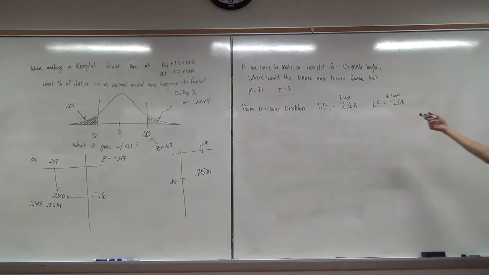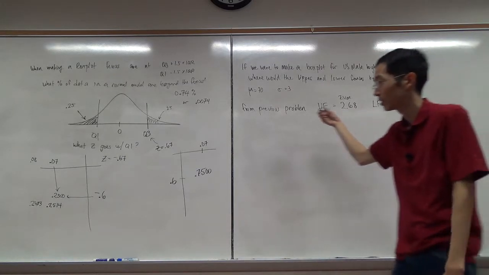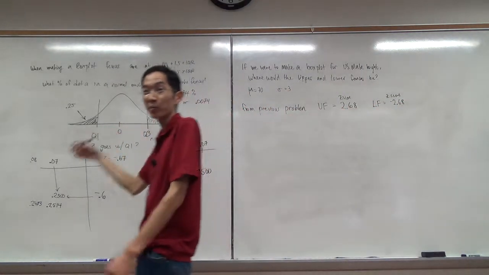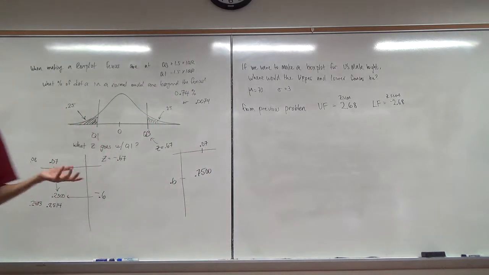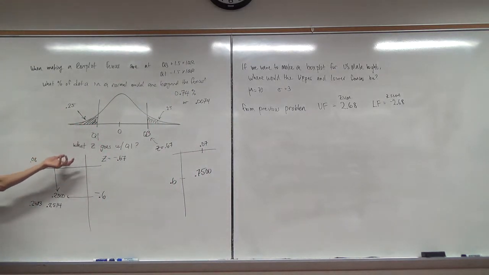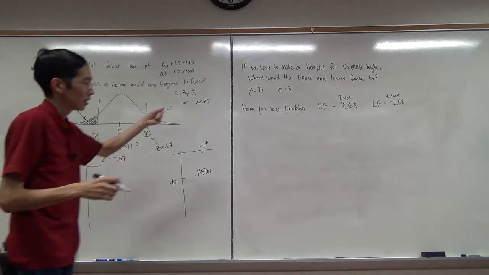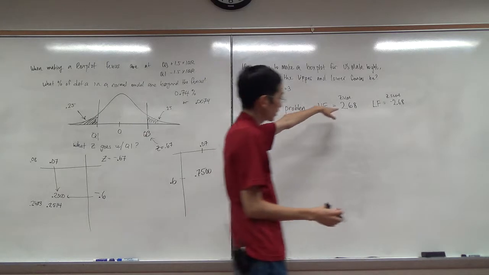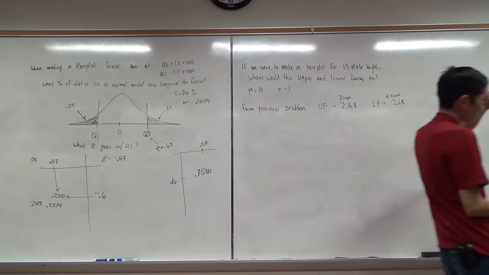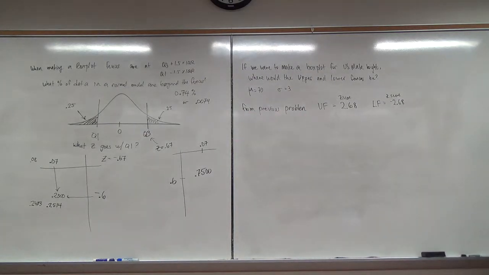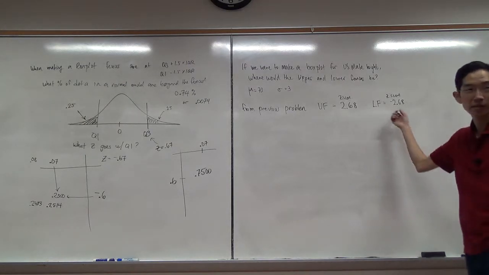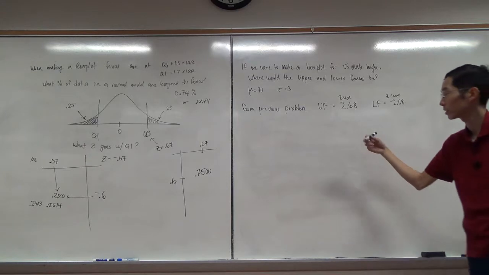And this would apply to any normal model, because any normal model essentially fits the standard normal model if we turn everything into z-scores. So the normal model says the z-scores for the upper fence and lower fence are at these locations. And the question now is, what is the height that corresponds to these two z-scores?